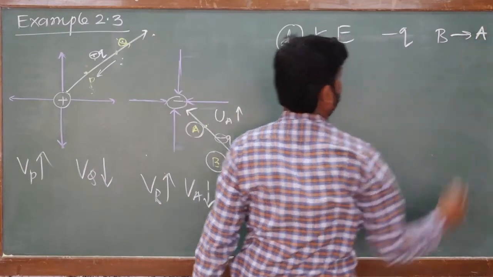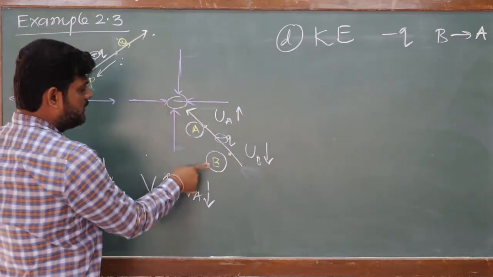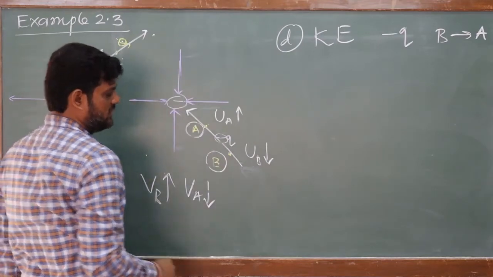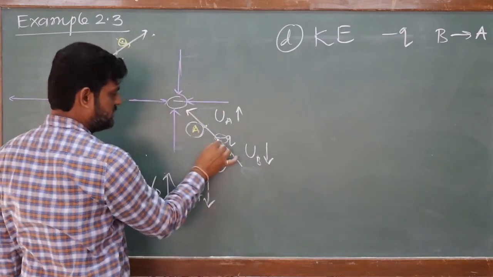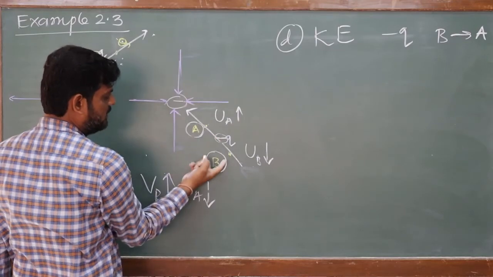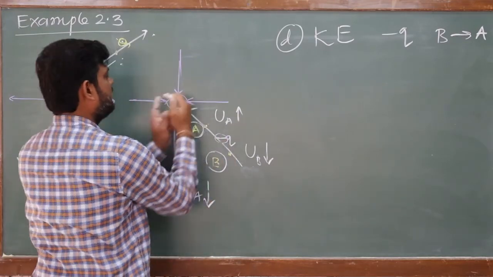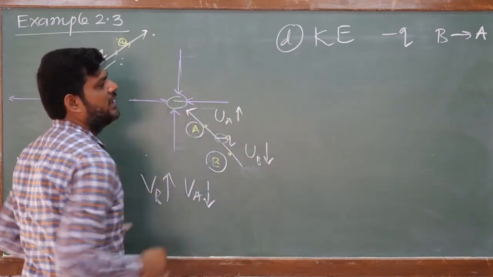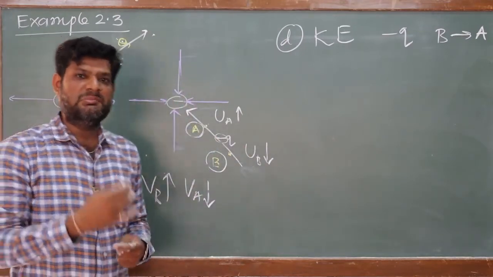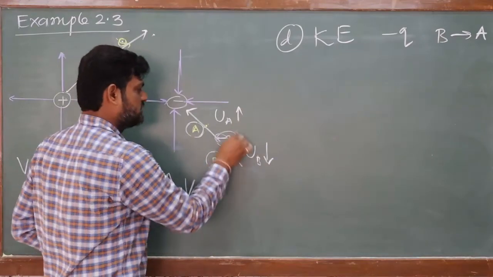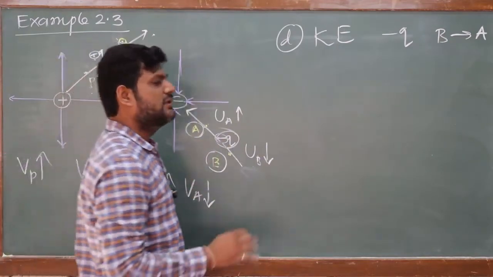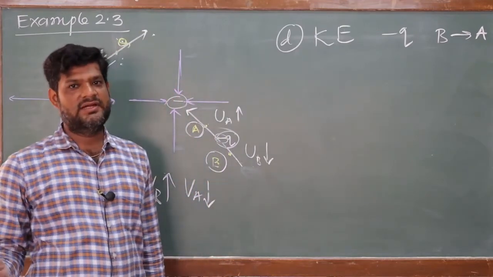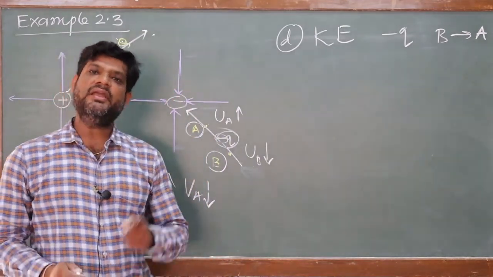B to A, negative charge we are going to carry. So this is a negative charge we are carrying from B to A, means we are moving towards the negative charge particle. So due to the repulsion, the velocity of the negative charge will decrease. If the velocity decreases, kinetic energy also decreases. Understand? So kinetic energy will be decreased.